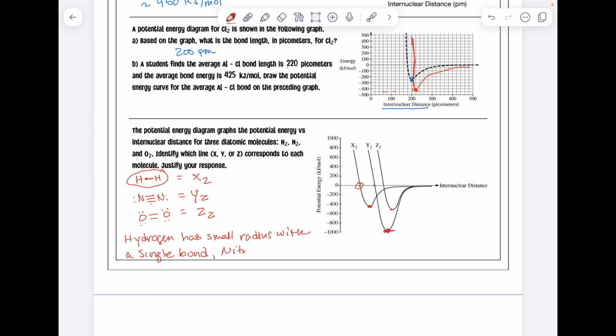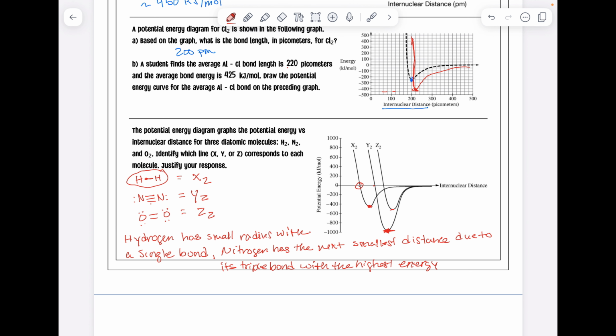Nitrogen has the next smallest distance due to its triple bond with the highest energy. And when we say highest energy, we mean to break that bond.